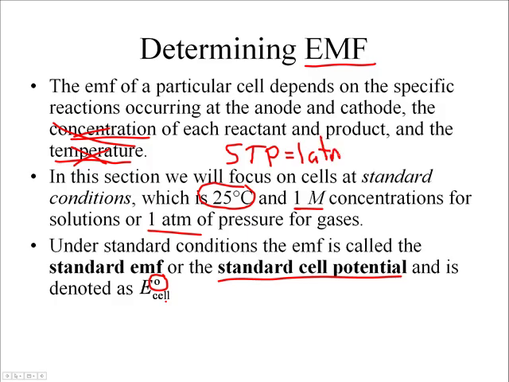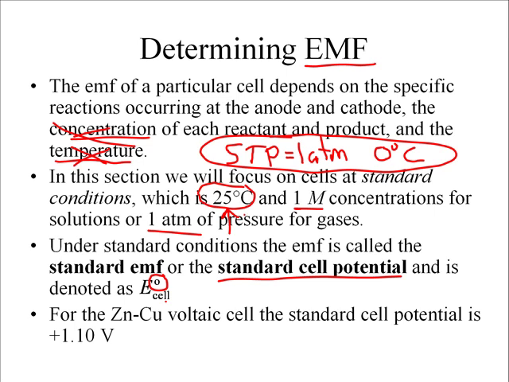The pressure is 1 atmosphere, but remember, that is the only case where the standard temperature is actually 0 degrees Celsius, not 25 degrees Celsius. So make sure that's something that you remember. In most cases with delta H, delta S, delta G, with cell potentials, the standard temperature is always 25 degrees Celsius, not 0.